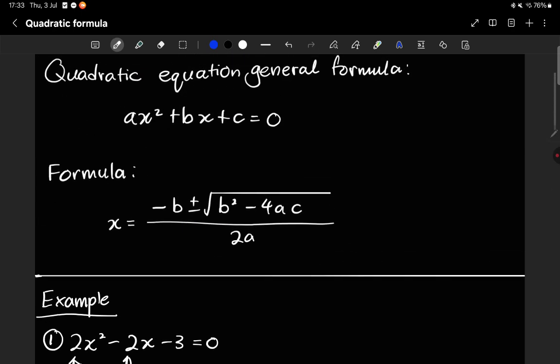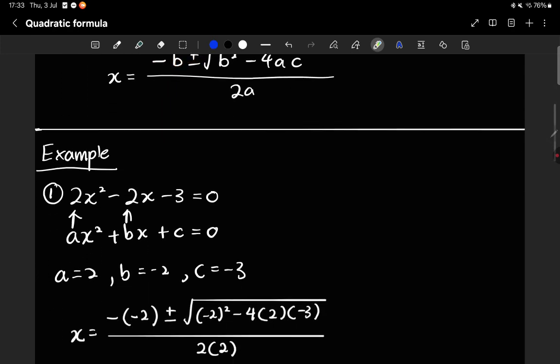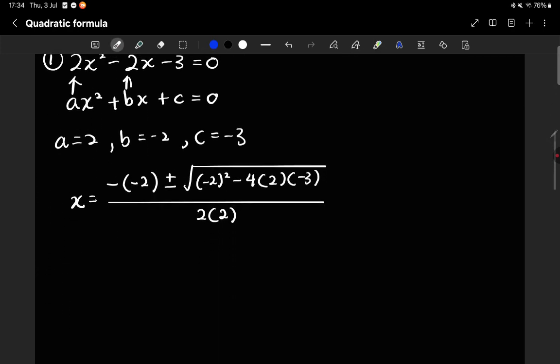It takes some time to memorize this formula, although it is given in the exam. It's good to actually memorize it. It's not too difficult. You can just say it in a flow and you'll get the quadratic formula.